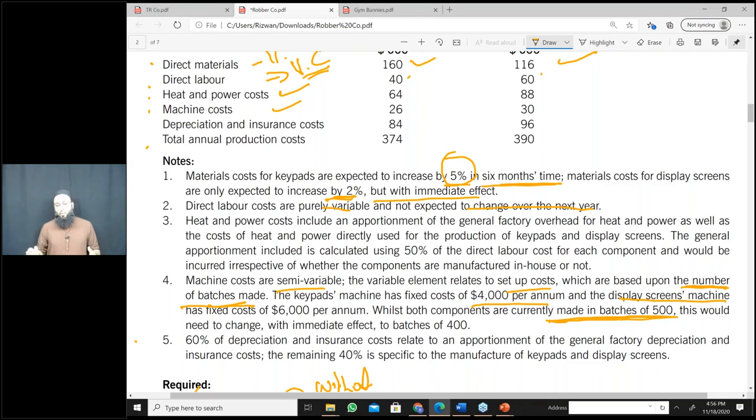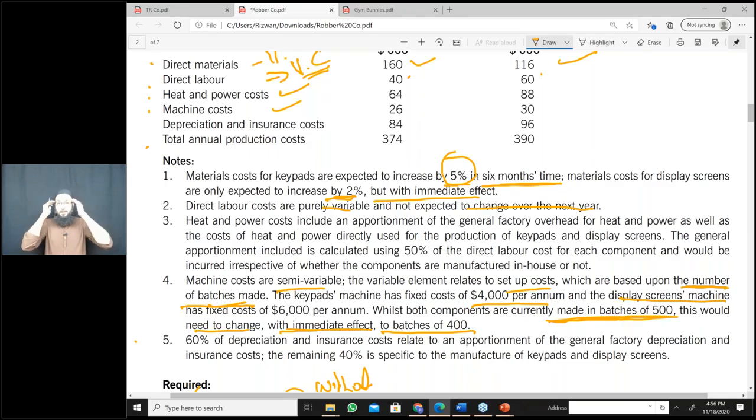I would say one batch consists of 500 units. Okay. So right now we are producing batch of 500 units. This would need to change. This will change with immediate effect to batches of 400. So this will change to batches of 400 means that now you will change this policy, and now your one batch will be of 400 units.